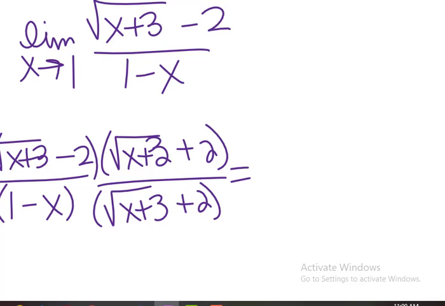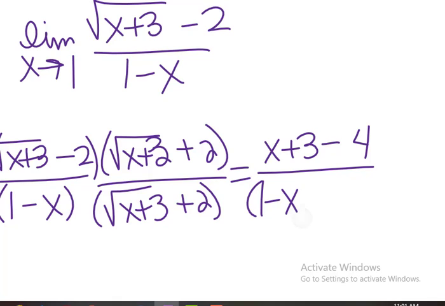So I'm not changing the value of the function, I'm just changing how it's going to look. And so when I do this, I have a sum and difference in the numerator, and it's going to be a difference of 2 squares. And I'm going to leave it in the numerator. I'm not going to multiply anything out. This is actually looking pretty good. I'll show you why.